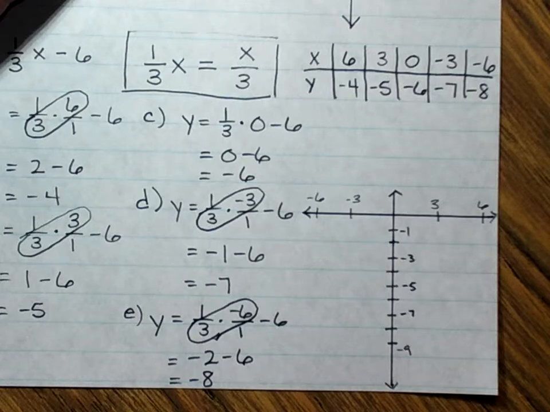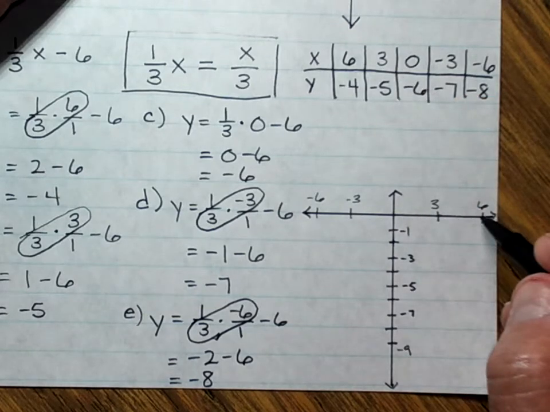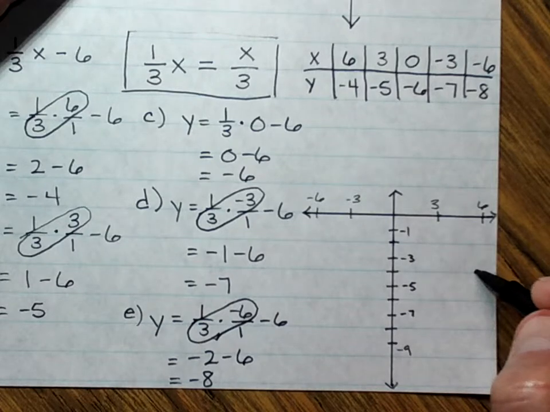And now I'll graph this. So 6, negative 4, that'd be here.